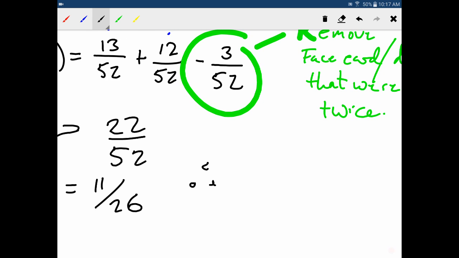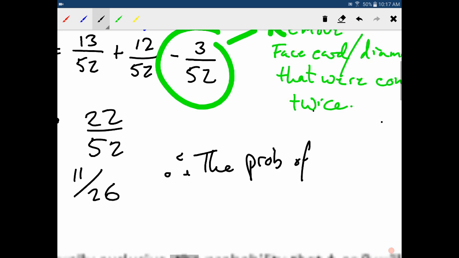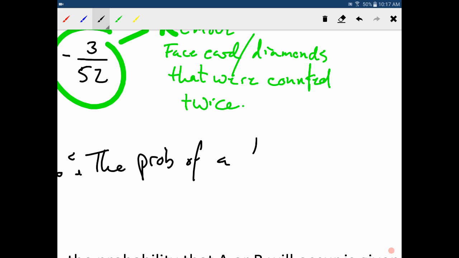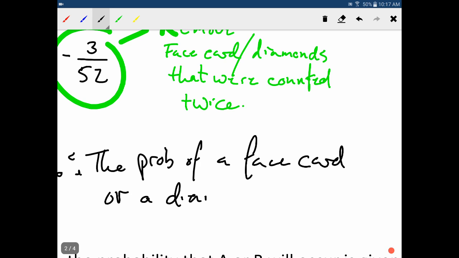So, therefore, the probability of a face card or a diamond is 11 over 26.